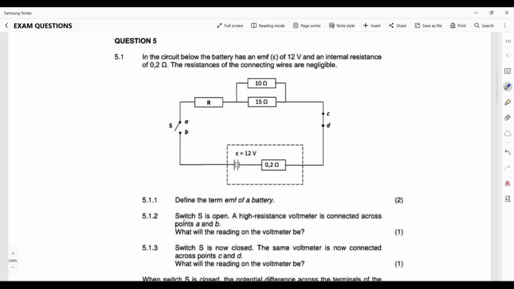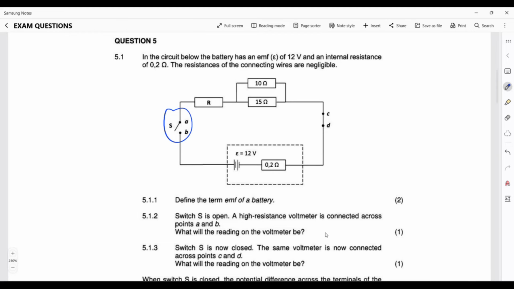Okay, then switch S is open. A high resistance voltmeter is connected across A, B. What will the reading on the voltmeter be?